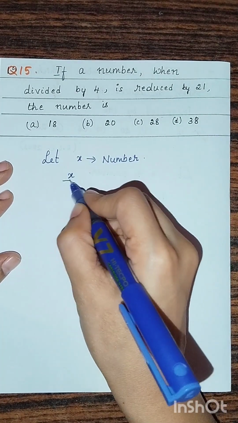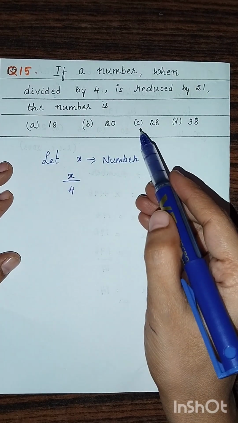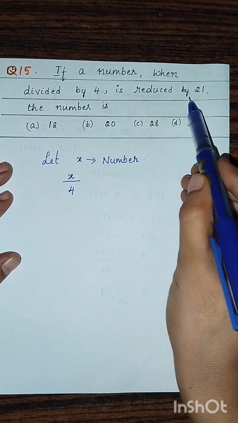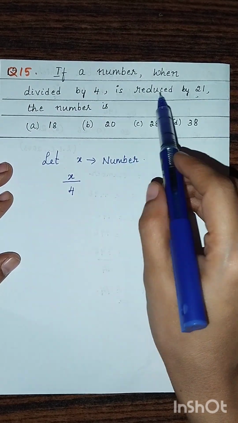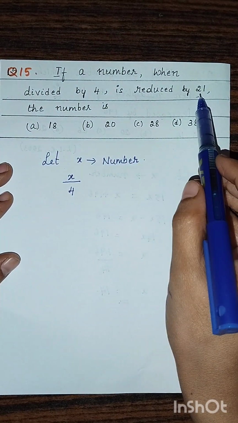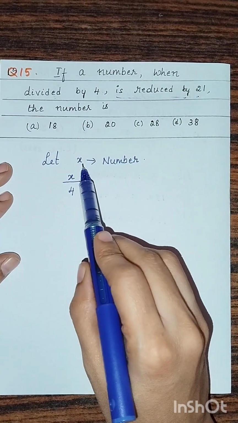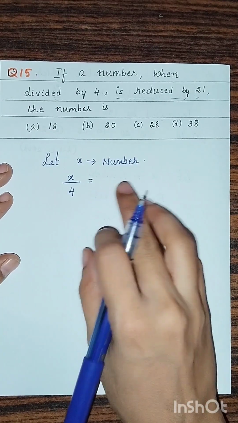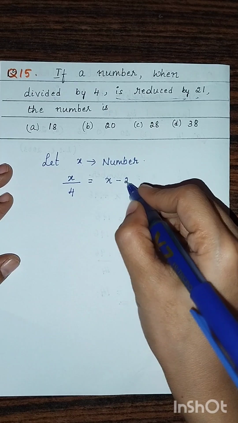So we will write x divided by 4 is reduced by 21. Now this is very similar to the previous question, like is increased, is reduced by some quantity, right? So we have to connect this with the unknown number. So now this will be equal to the quantity where the unknown number is reduced by 21.